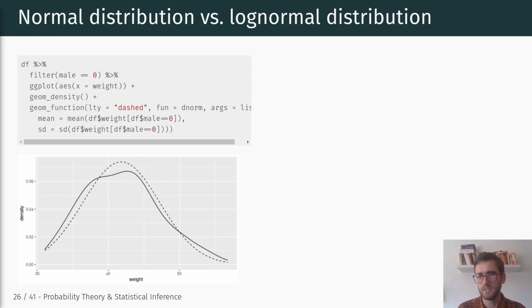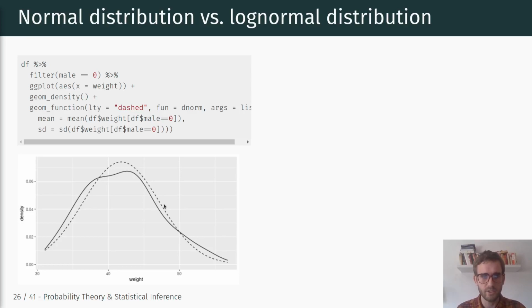And so in the first case, we have here again the empirical density for weight, and we add a theoretical normal distribution with the same mean and same standard deviation, and we see that indeed the weight variable is not symmetric.